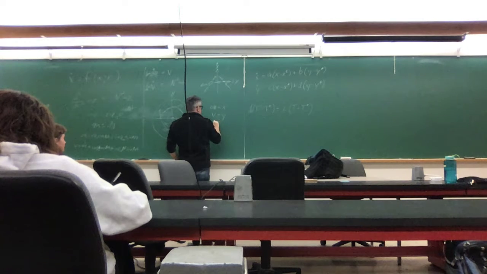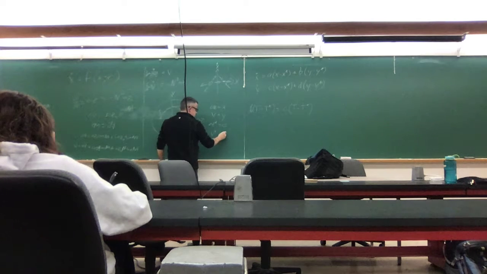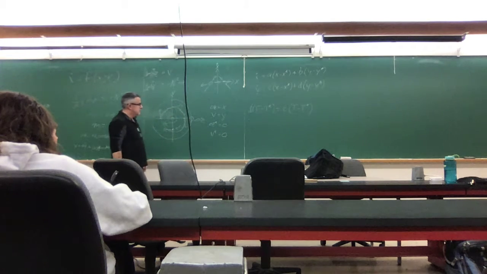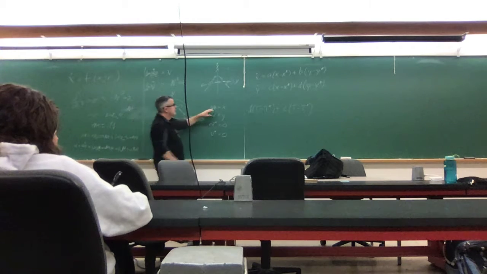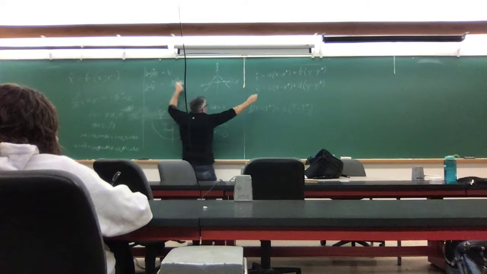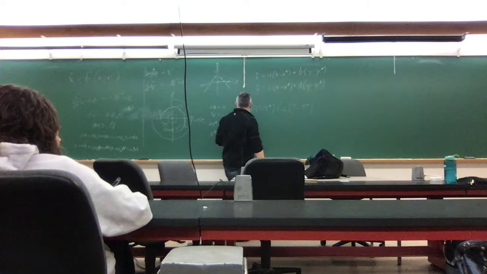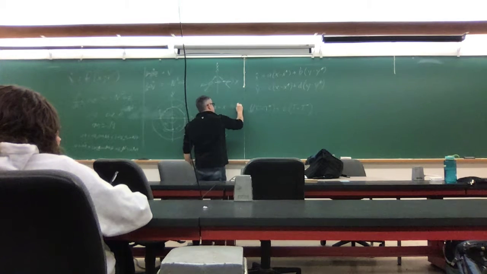Delta z steady state is what? Where's our steady state solution here? It's at 0. So both of these are zeros. Okay, so delta z dot equals v, so b equals 1, a equals 0.